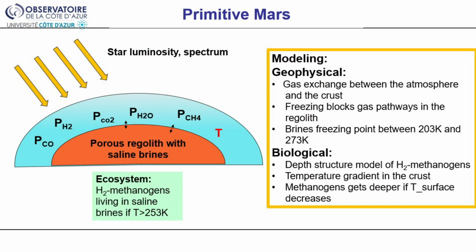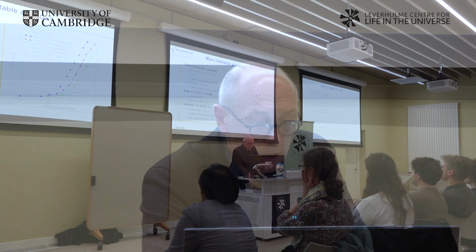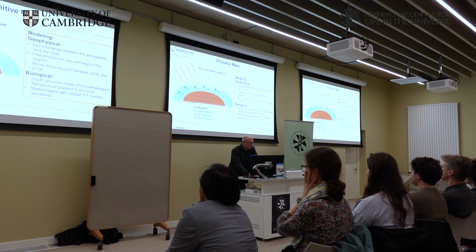And biologists have data on those species that live in saline brines. So that's the model that we put in place. It's just an atmosphere, and inside of Mars, the possibility of biology living in the porous regolith. With your climate model, that expands habitability because you have a temperature gradient, so you can still have biology evolving inside your crust.